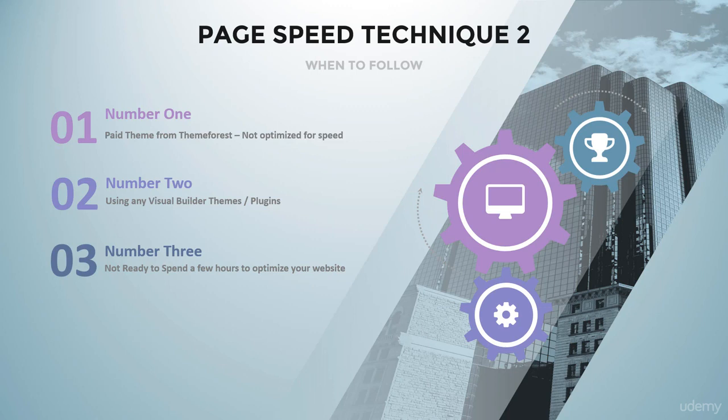It's so easy and quick. You will get a page loading time around a second or two and a page speed score around 85% in Google's Page Speed Insights tool.